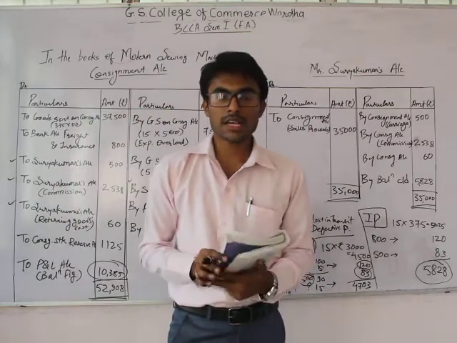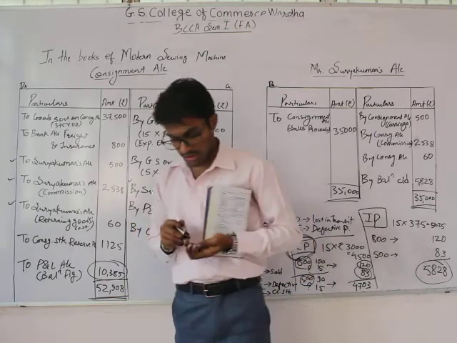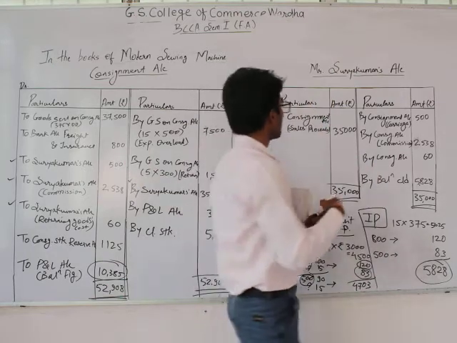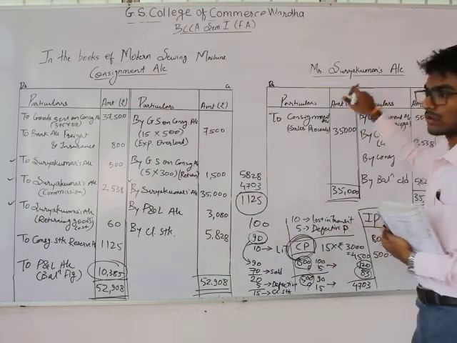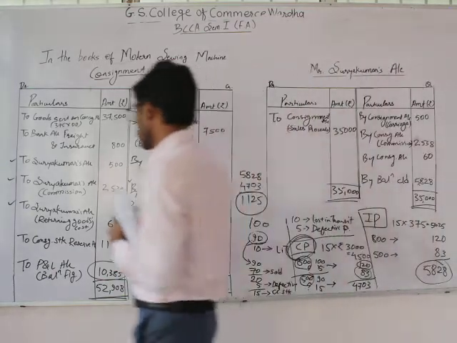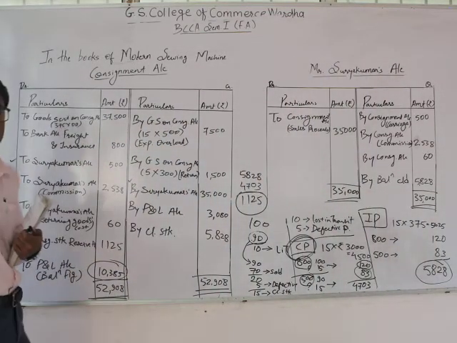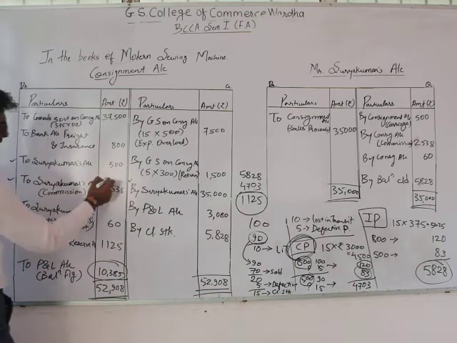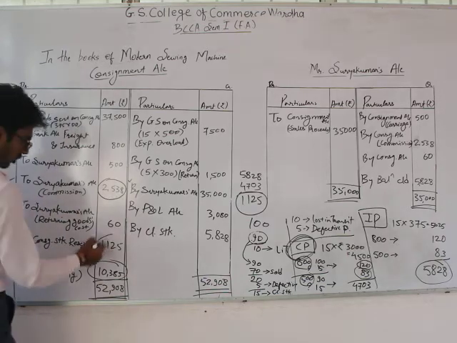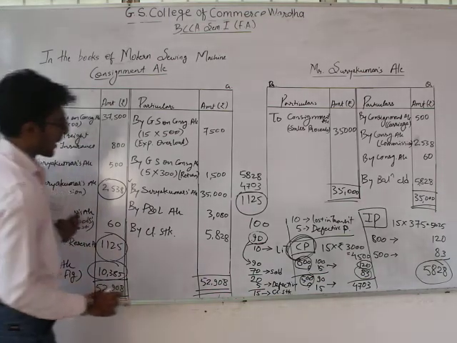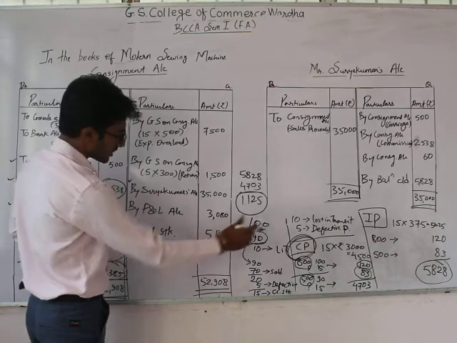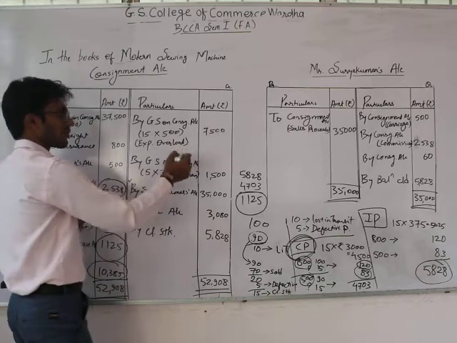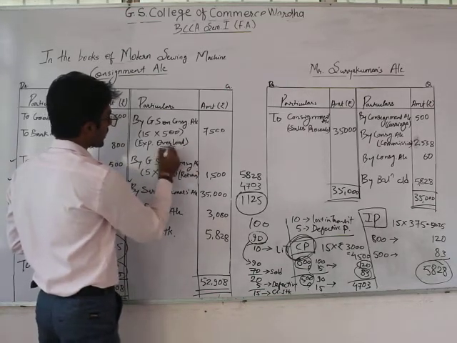So in this lecture we have analyzed the consignment account, and after that we have seen the consignor's account. You have to know only 3-4 things which are actually very important: the commission amount, the stock reserve amount, the return amount, and don't forget to load the expenses.